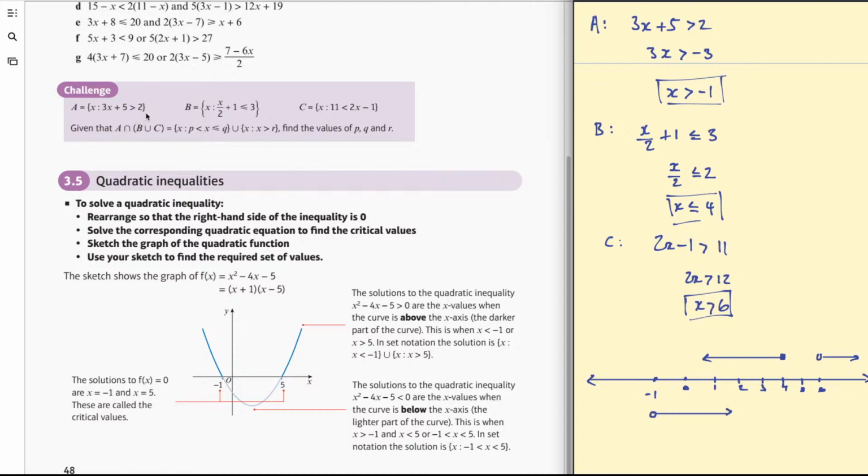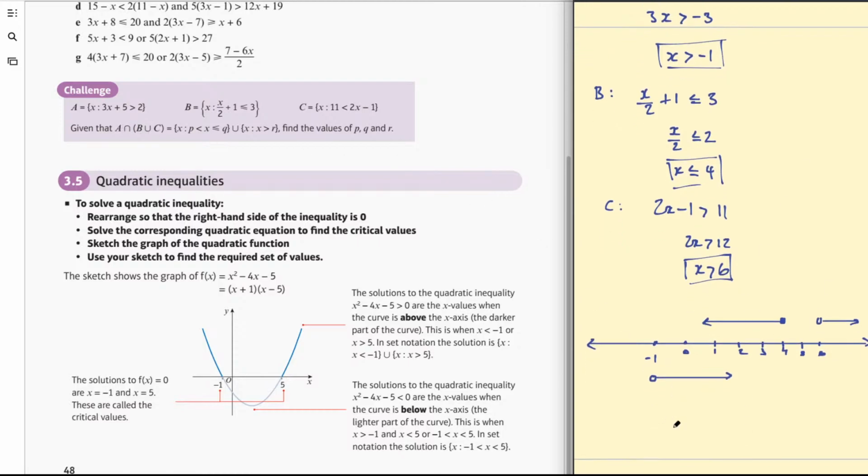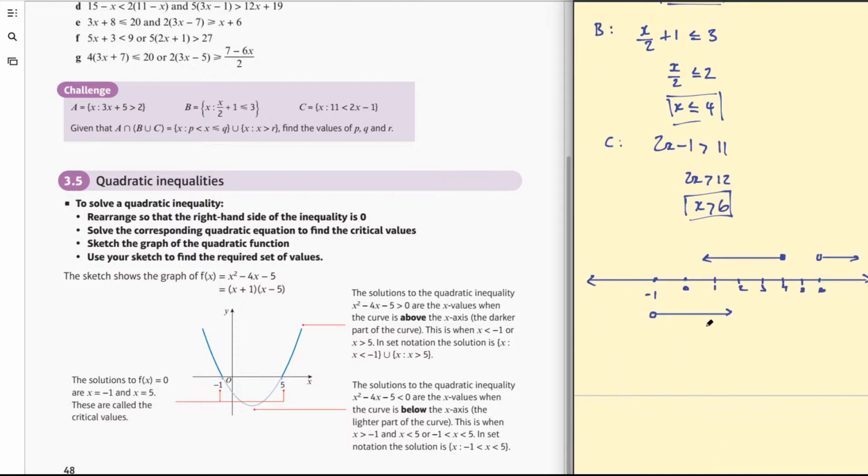And then A intersect that would be this range, I believe, right? And also this range here.